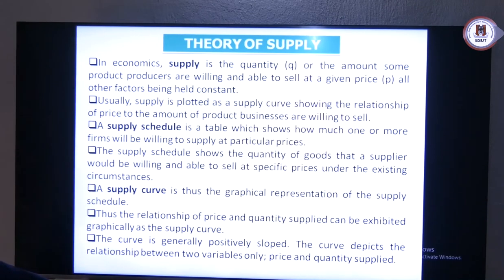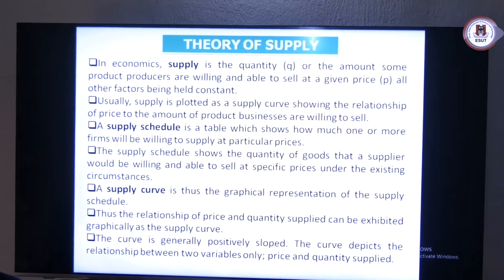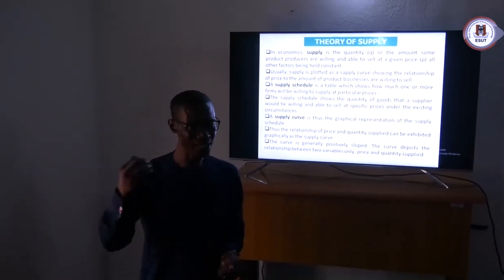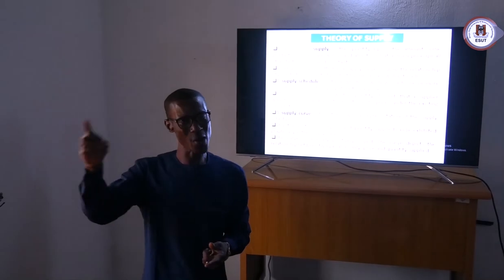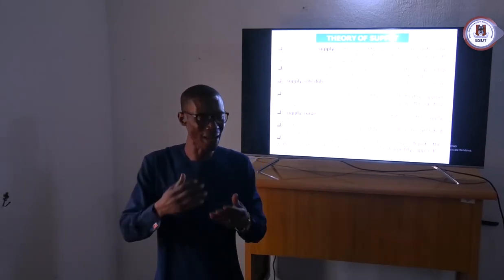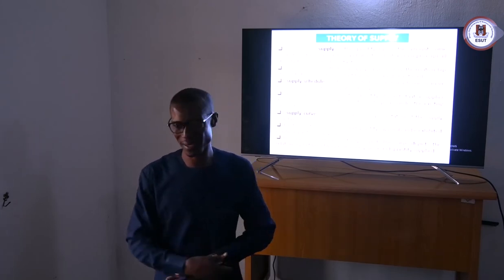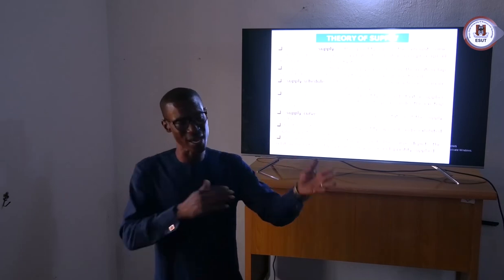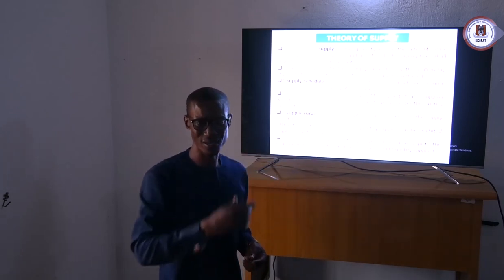As we are saying, firms produce output and supply the output looking at the price in the market. Firms tend to supply more in order to maximize their profit. And also, firms tend to increase their supply when the price increases.